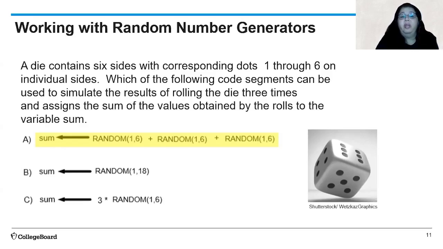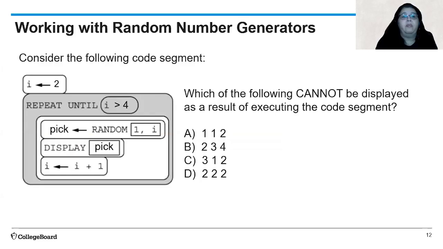For B, the random is from 1 to 18, which would mean your die has a side with 18 dots. No, so B doesn't work either. Hopefully you're getting this. Let's go to the next one.